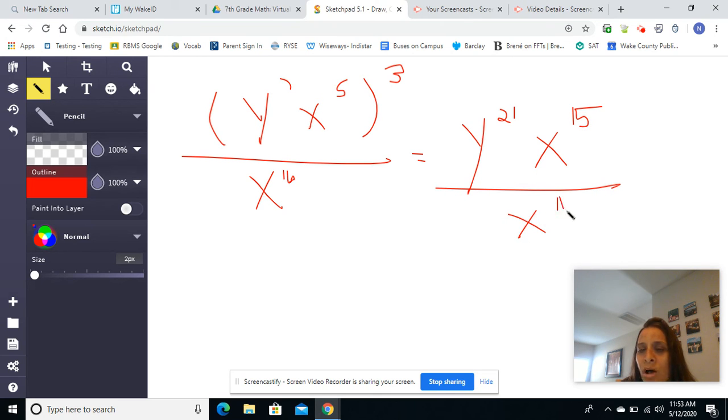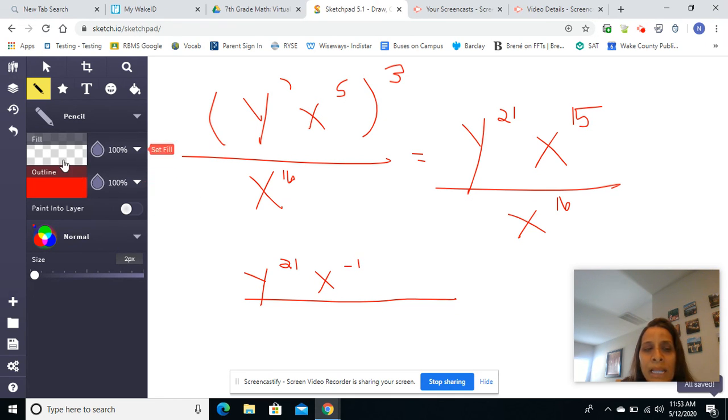Now you can start solving the way that Miss Harris and Miss Grasso taught you. The y to the 21st is going to stay on top. You know that 15 minus 16 will need to be subtracted because you're dividing. So it becomes x to the negative 1.